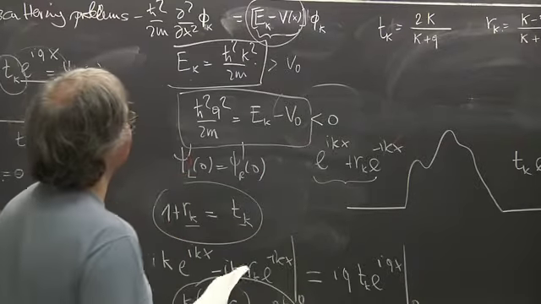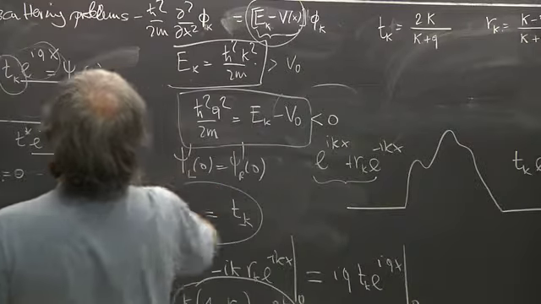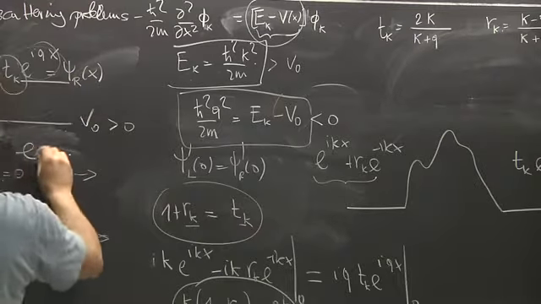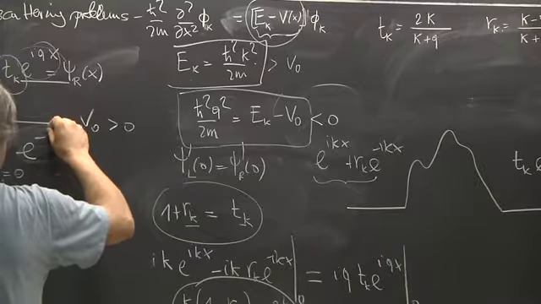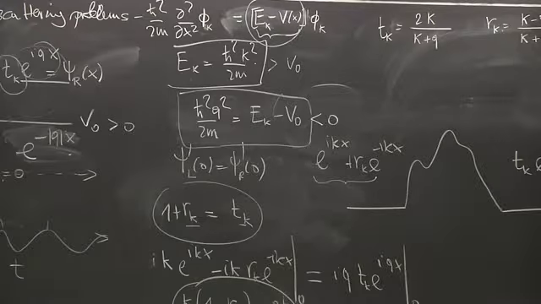If Q is imaginary, it's totally equivalent to having here a wave function that is now of the form e to the minus Q x. Obviously, there is also the other one.